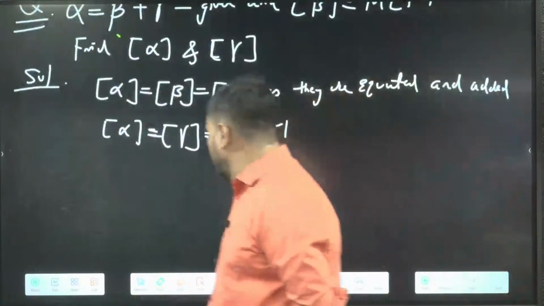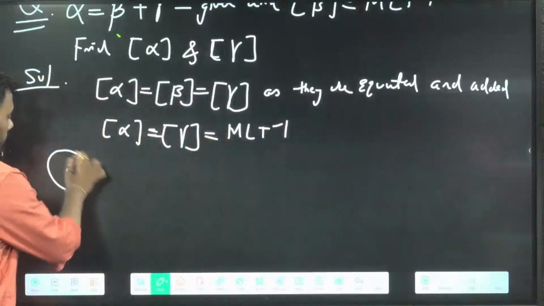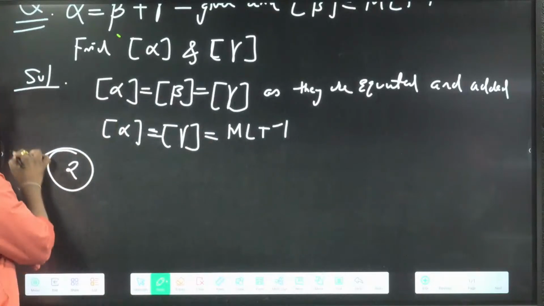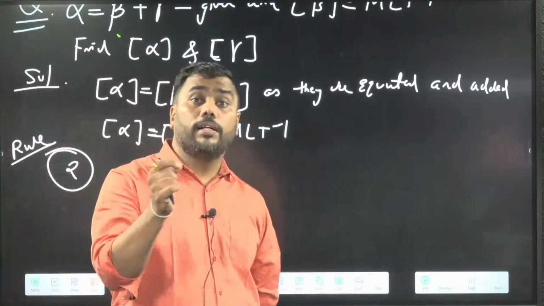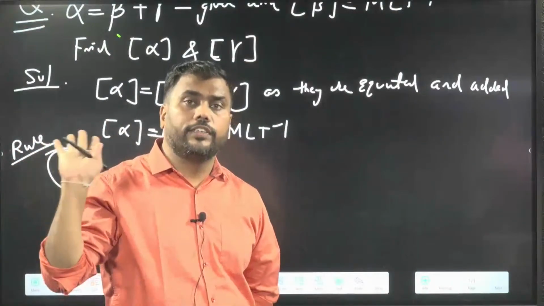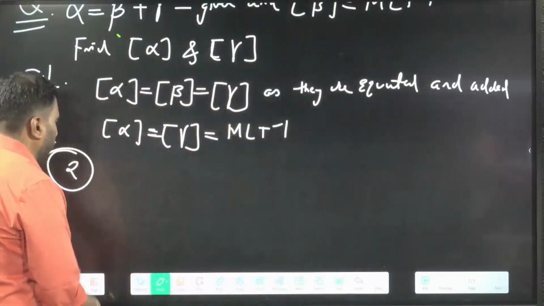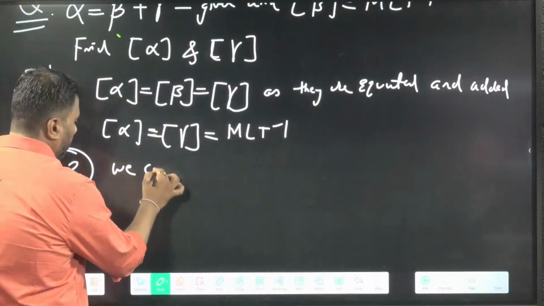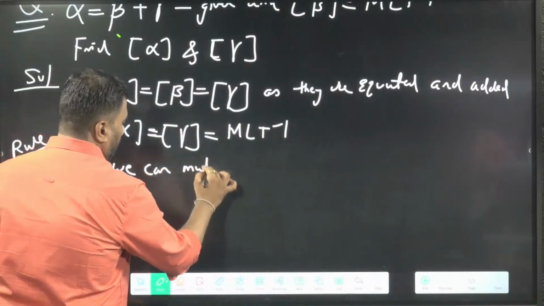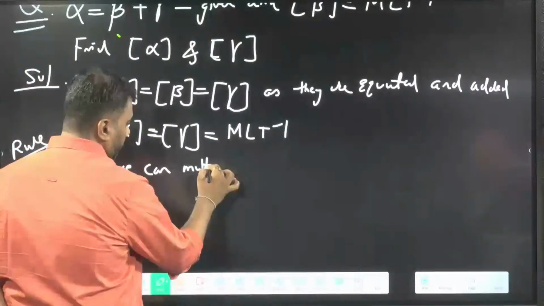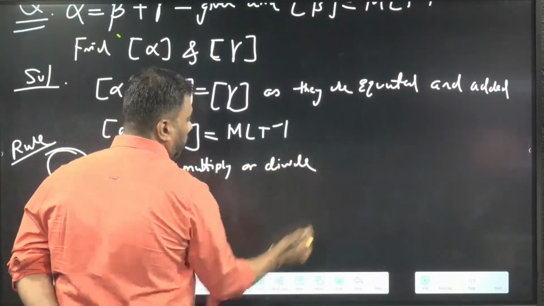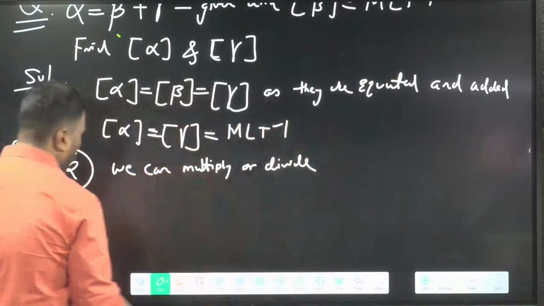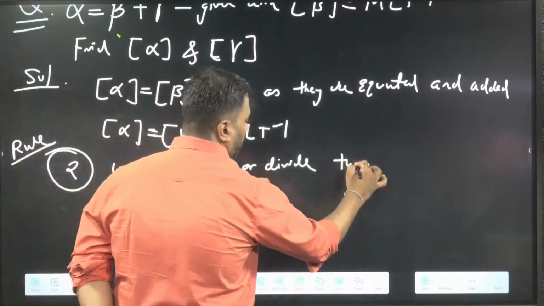Let us go to the next property, next rule. Rule number 2: I can multiply or divide two different physical quantities.